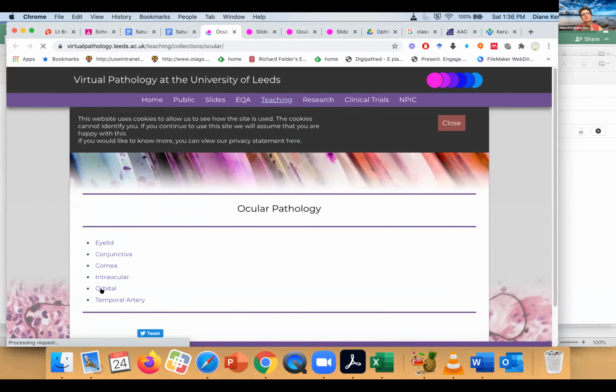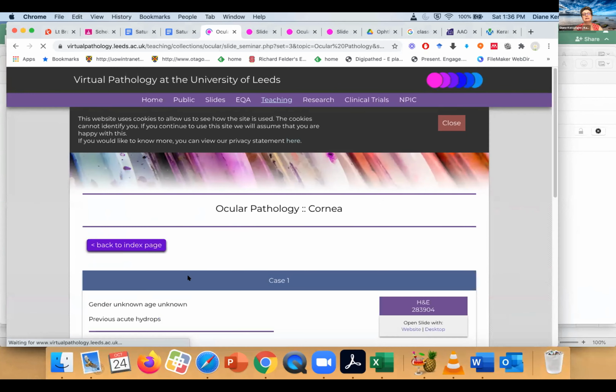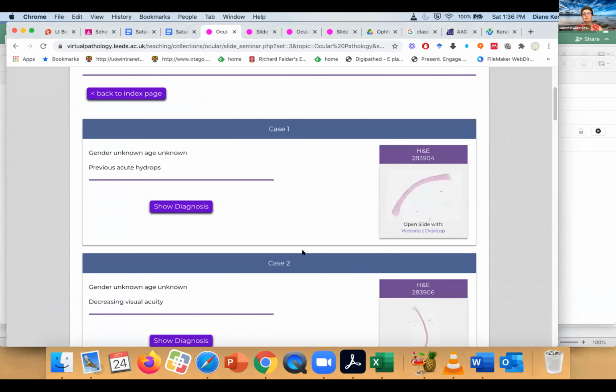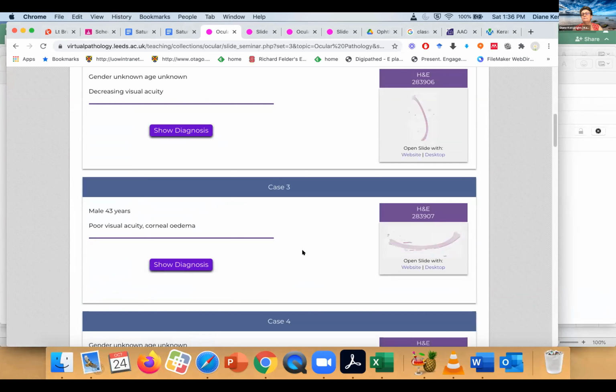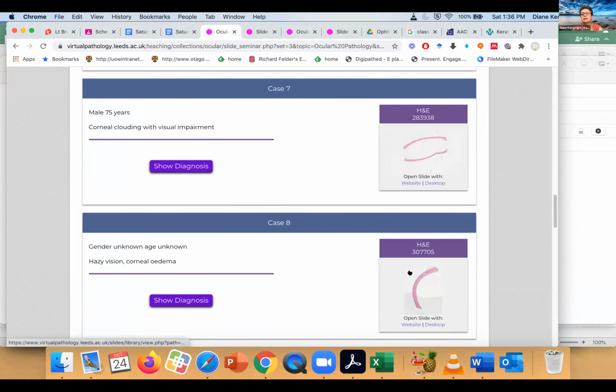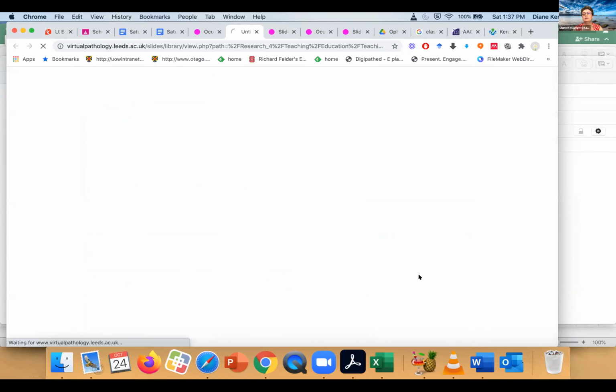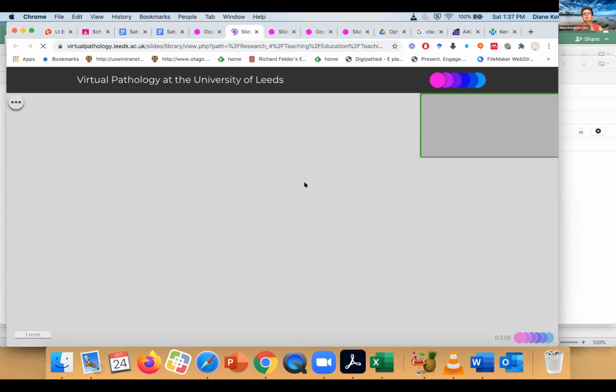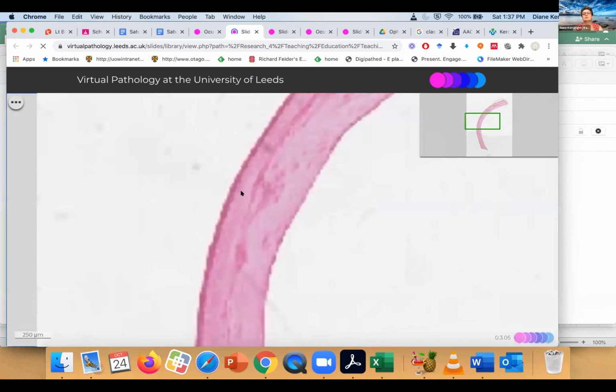Ocular pathology has lots of different things in it, but the cornea section in particular is really good, and you'll see our corneas come from there. There's a lovely one like this one here. If you go there, you get the diagnosis as well, but you can challenge yourselves not to look at the diagnosis and try and work out what kind of stromal dystrophy this is before looking at it.